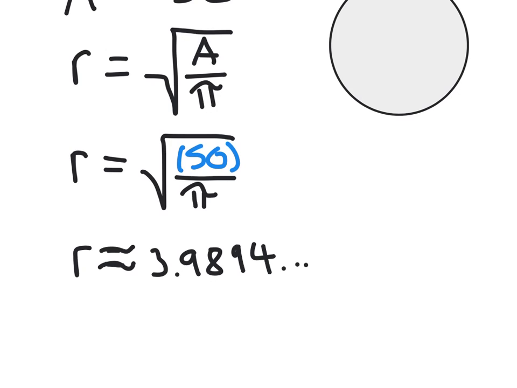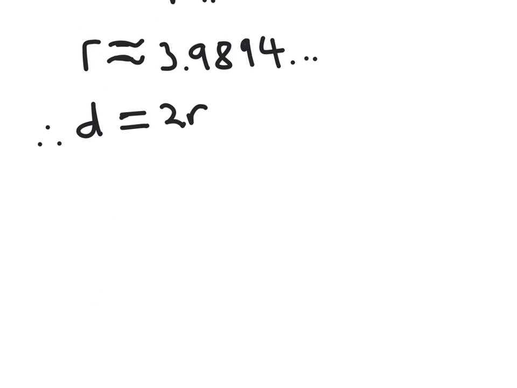And now our D is equal to double that, so we can see therefore D, which is equal to 2r, will be approximately equal to, if we double that value, 7.97.